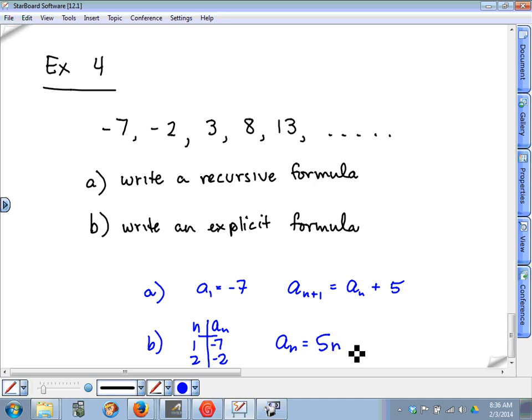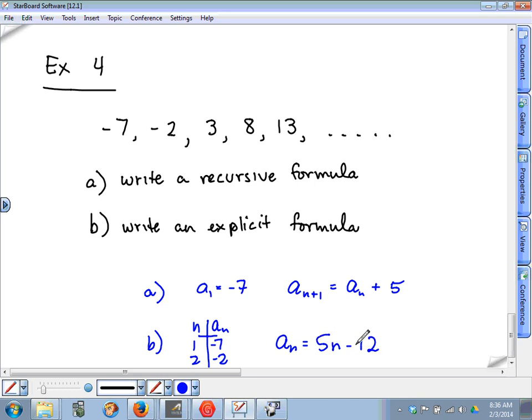Now I'm hearing a lot of people say 5n plus something or minus something. Okay, why the 5n specifically? That's the slope. That's the constant change, right? In a linear function, the slope represents the change. Okay, but plus what? -12.